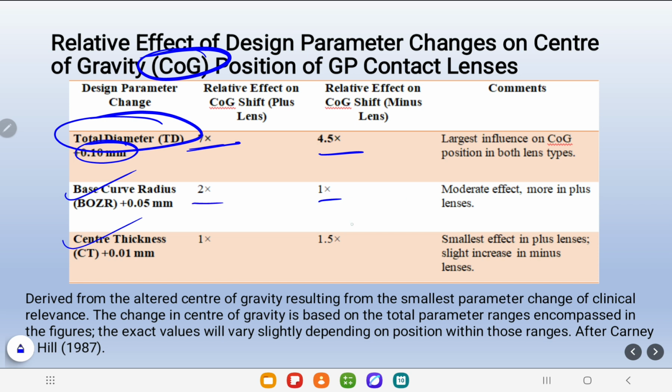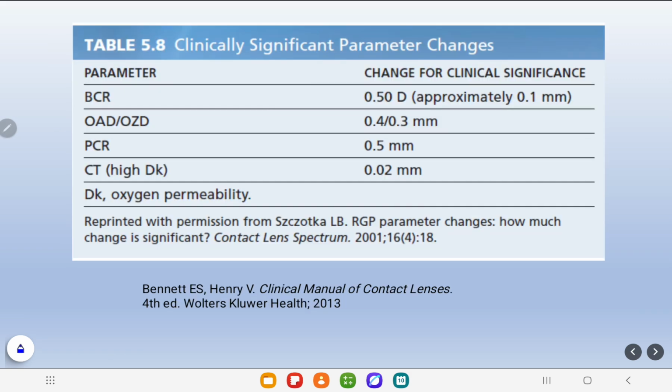So these are the influencing factors, and these are Kearney and Hill's data. You have to understand these things because it's important, and it will definitely come up in examinations.